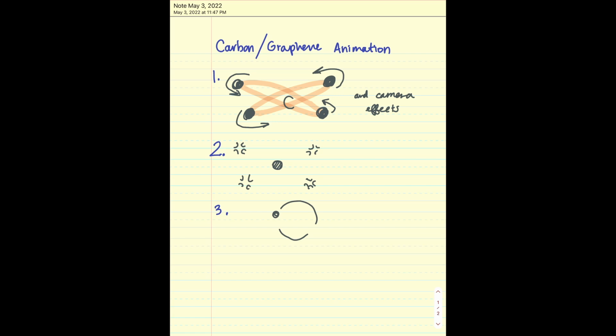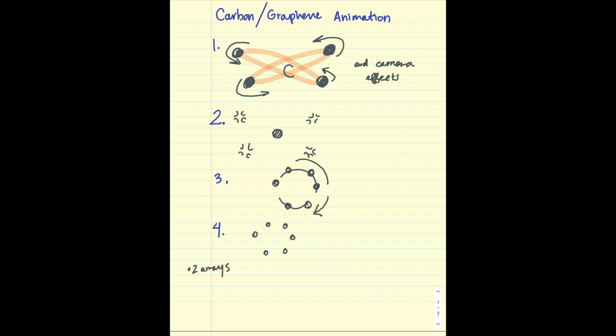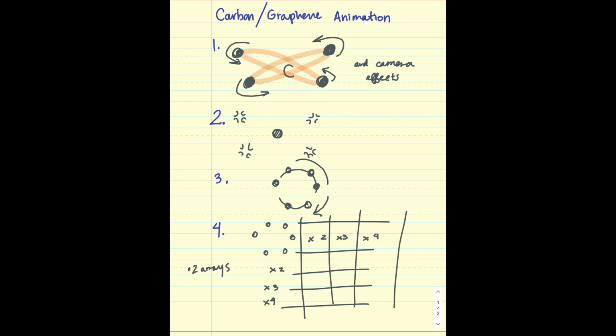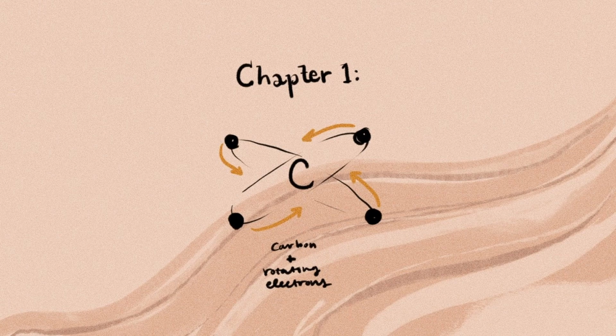The third chapter will be turning all of those different spheres of carbon into just a very basic hexagon through a circular array. And then the final chapter will be to create a 2D array of these different hexagonal shapes so that they overlap and create a repeating pattern.